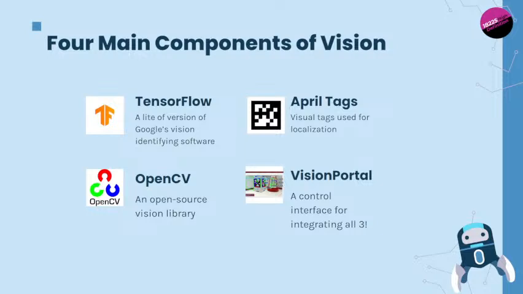Whereas OpenCV you generally use for general vision purposes. I'll be going over that in a second, but everything's provided by Google. You just have to give it some videos of the things and highlight the objects you want it to detect, and then it'll do all the processing and calculations for you.